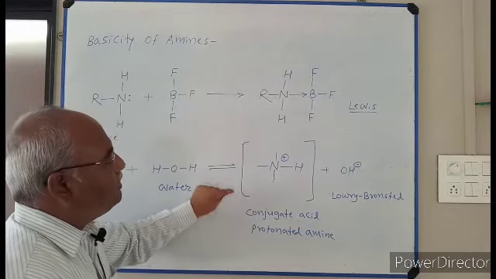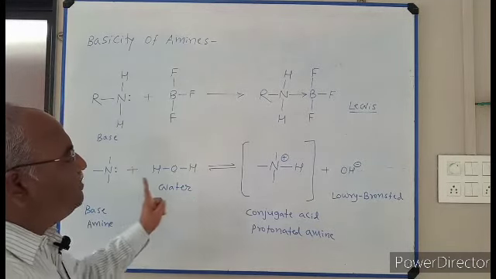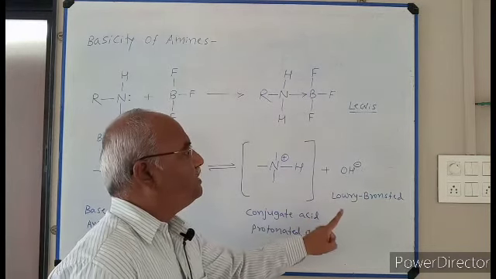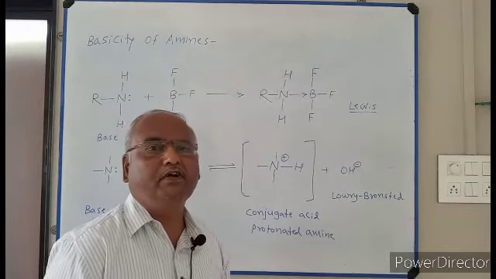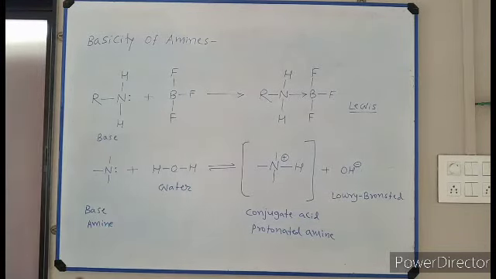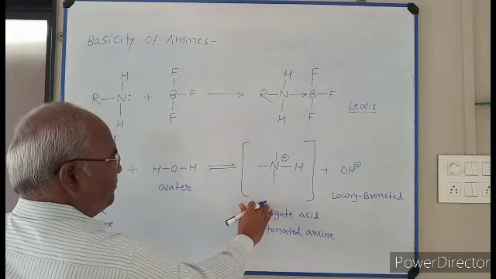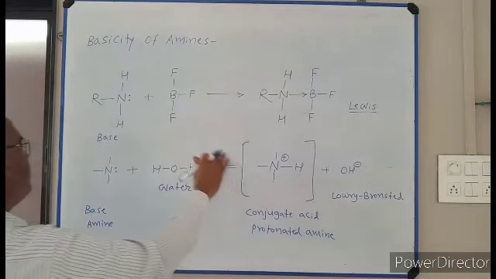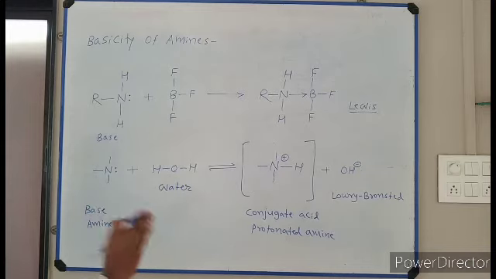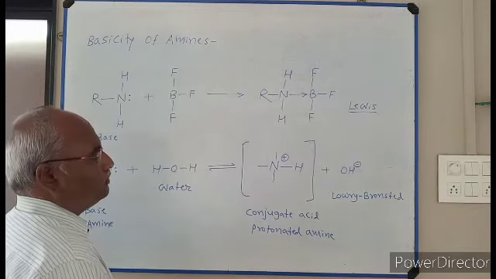The greater the stability of the conjugate acid, the more the equilibrium is shifted towards the right, and the greater is the basic strength of the amine. Look here. If this conjugate acid is less stable, then the equilibrium will be shifted towards the left and the base will be weak.